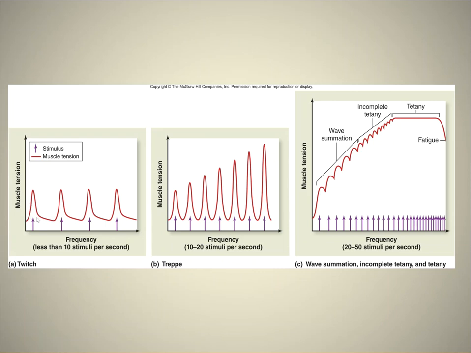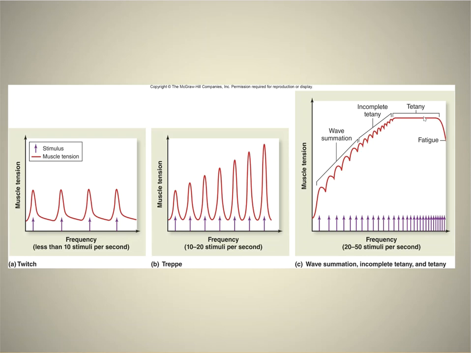You twitch it and the frequency is low, and you let the muscle fiber relax completely before you stimulate again, and they're all the same size. However, if you stimulate it again before it's relaxed, then you'll get higher and higher tension generation because the twitches are summating. Here is where you increase the frequency continuously, and you get wave summation. You get what's called incomplete tetany, and right here is tetany.